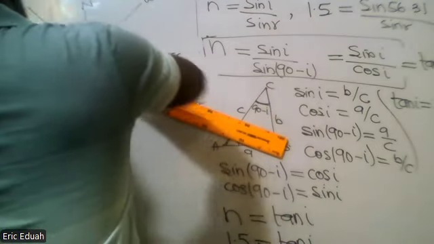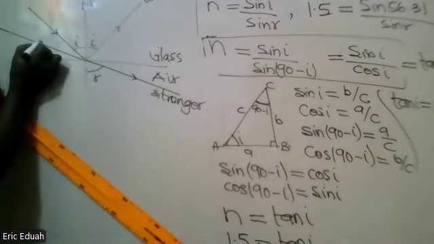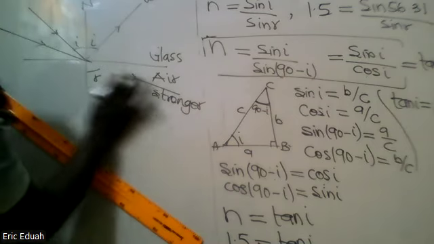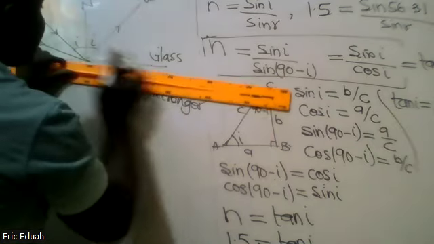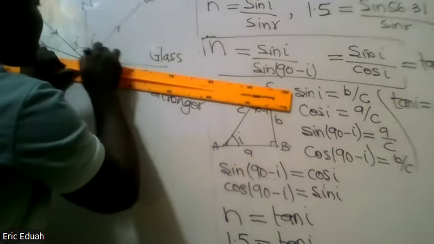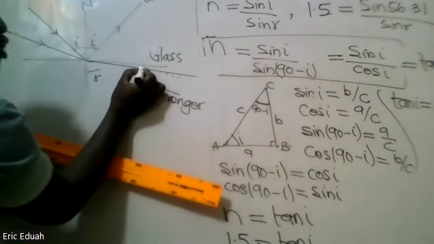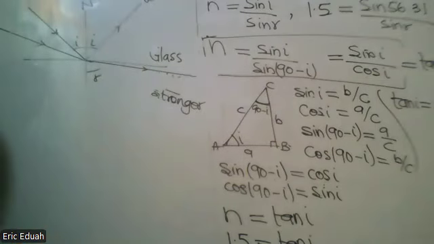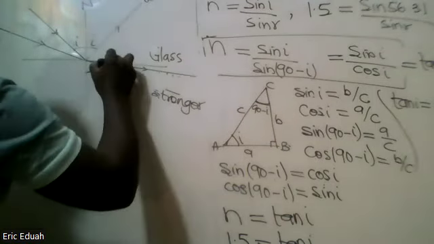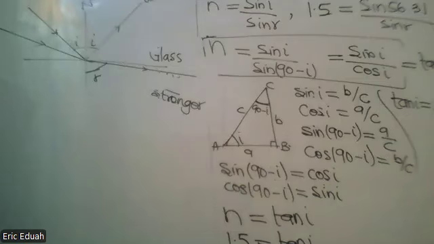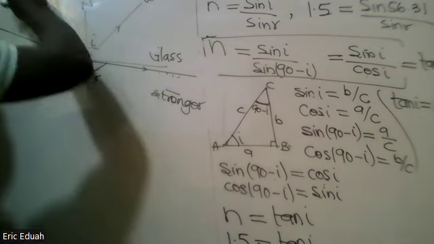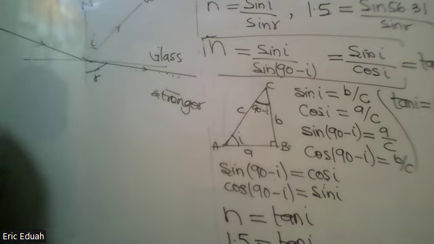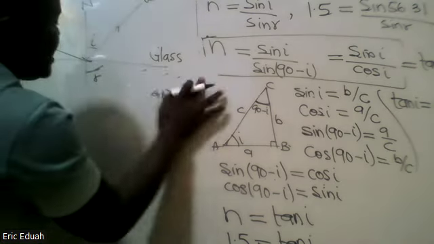So the refracted ray gets refracted away from the normal. Then there will be that particular angle of incidence in the dense medium which would create an angle of refraction of 90.